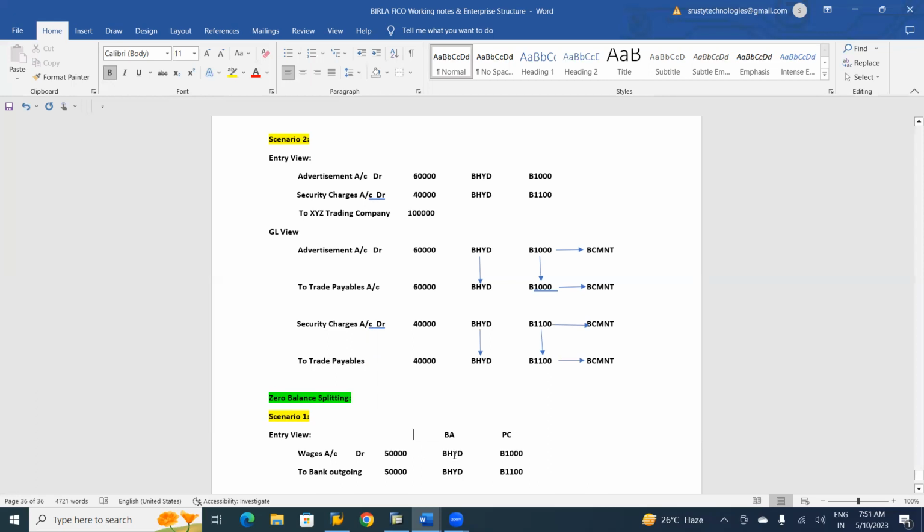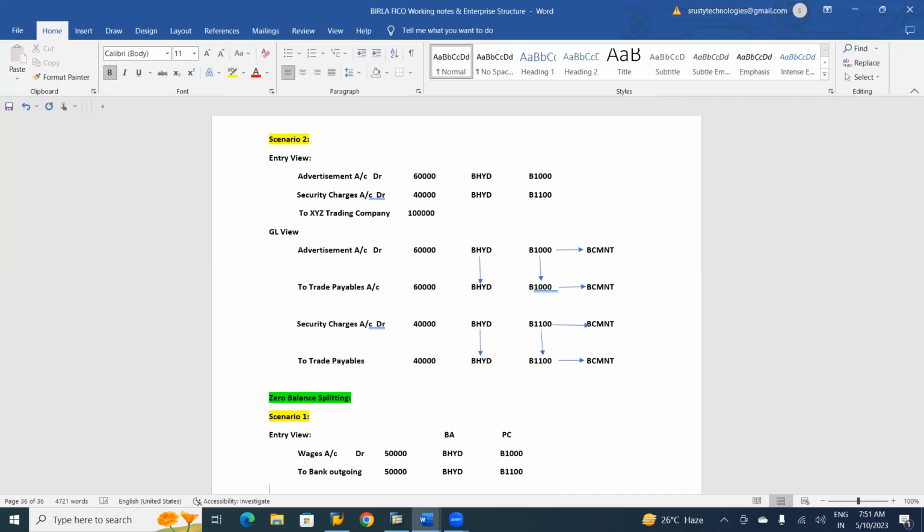The business area on the debit line is showing Hyderabad, and the credit line is also showing Hyderabad. But where is it mismatching here? Profit center, because the debit profit center is showing something different and the credit profit center is showing something different. So the system will check business area, debit and credit, is it the same or not? And profit center, is it the same or not? If profit center or business area or segment is not equal, then the zero balance ledger will get triggered.